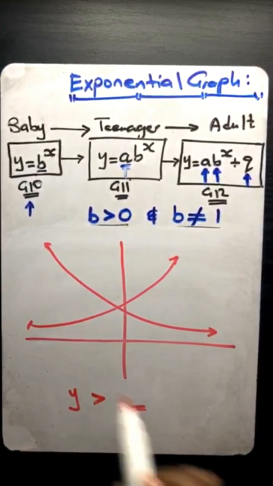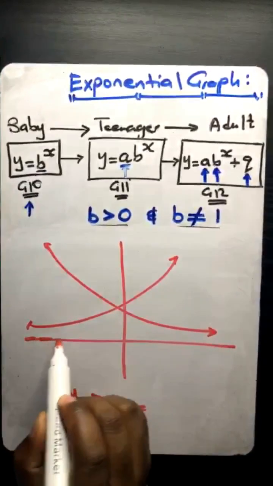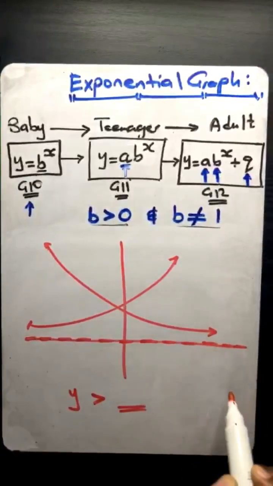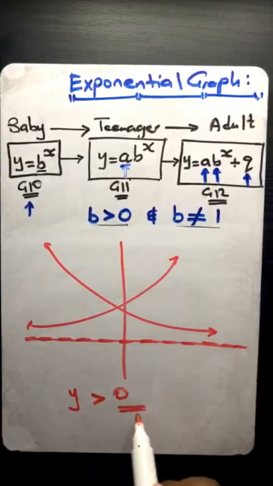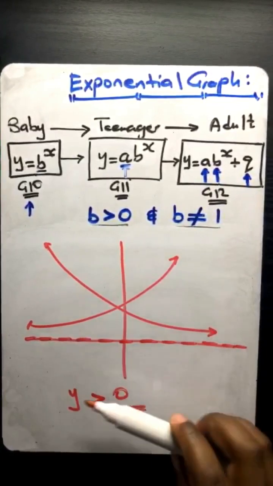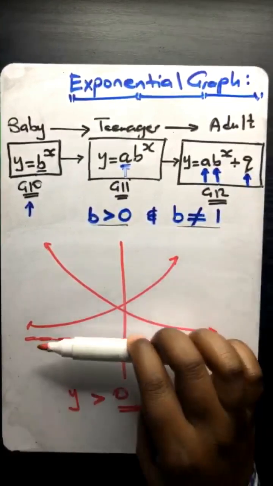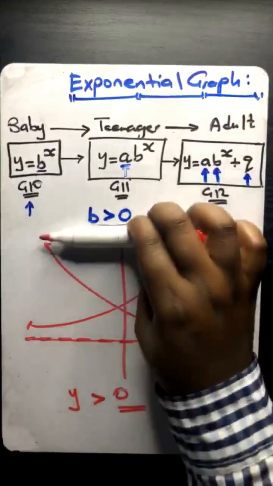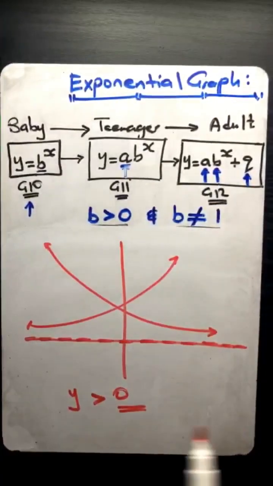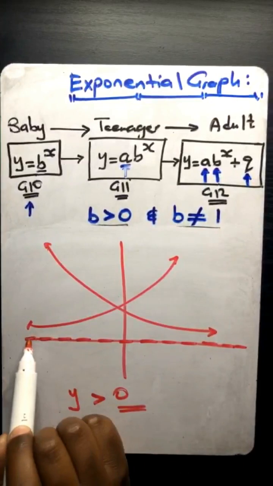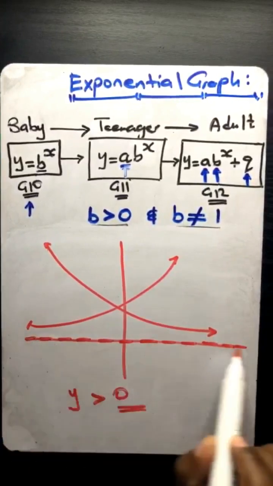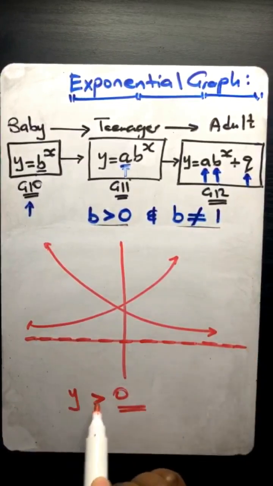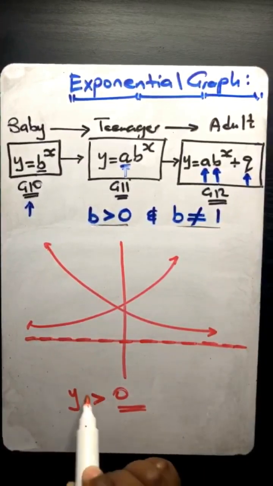So if we know that our asymptote is inside there, then we are going to say our y is greater than 0. It's more like we are saying our function is actually above 0. So that is the range, meaning it plays above that, because it never touches, it never crosses. That is why we are not saying greater than or equal to, but just greater than.